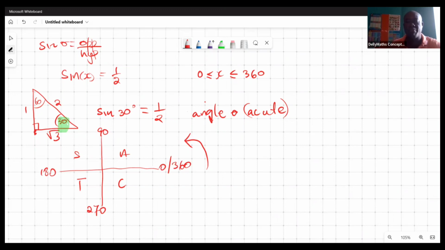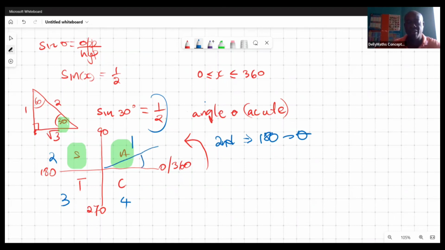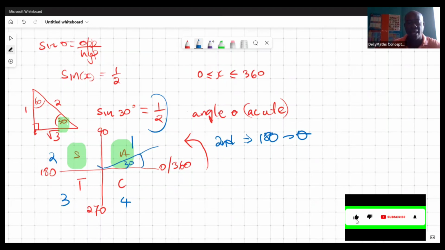Now, sine is positive in the first and the second quadrant. So it simply means that the related angle, the next angle for sine that will give positive a half, will be in quadrant 2. How do we find that angle in quadrant 2? In the second quadrant, you find the angle by simply taking 180 minus the acute angle. This is 30 here, and the related angle is going to be everything coming back to here.